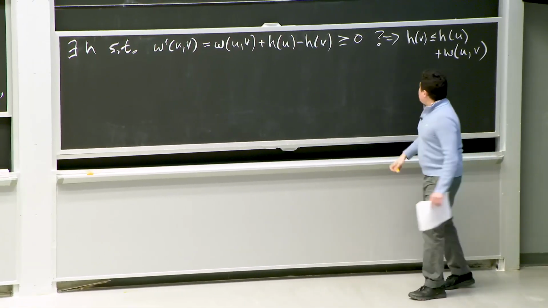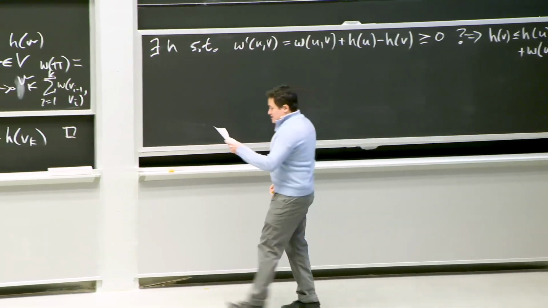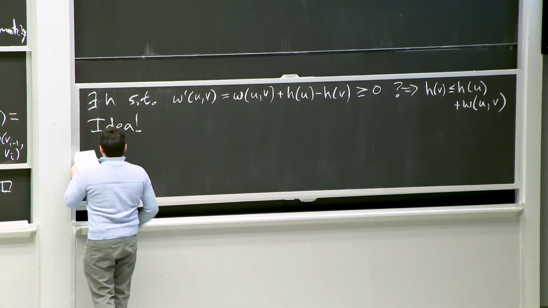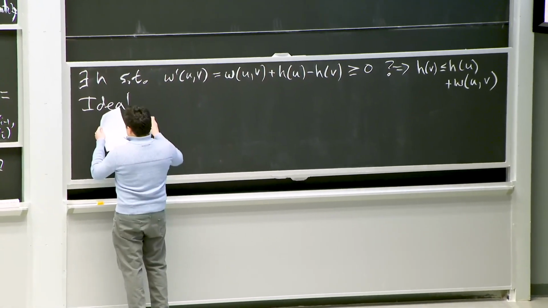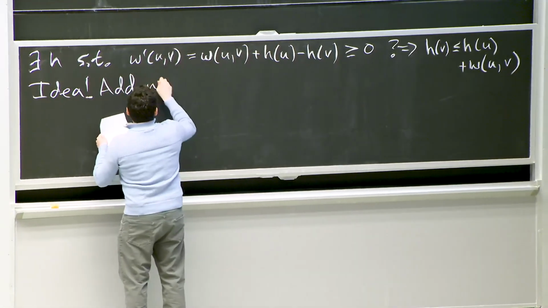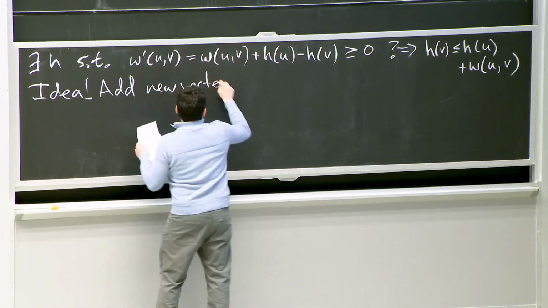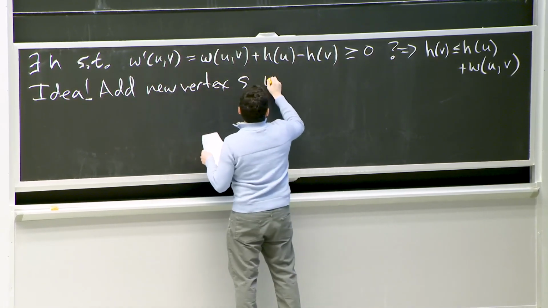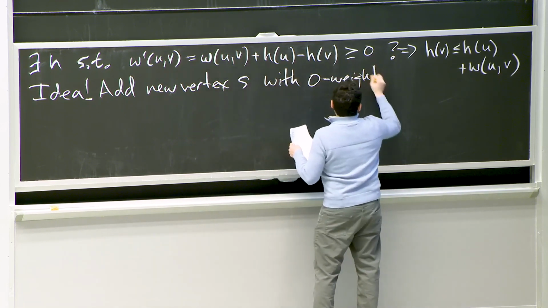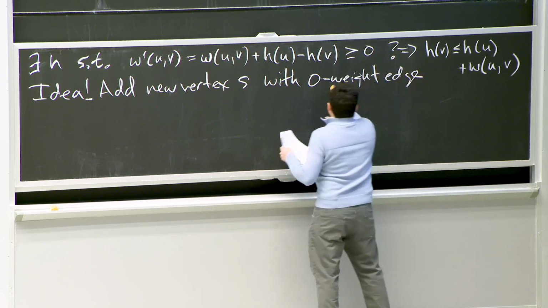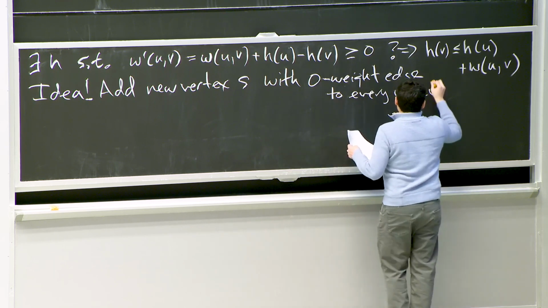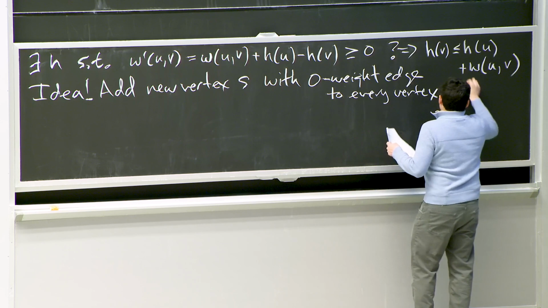So how can I make those things finite? So here's the next idea. Add a new vertex S with a zero weight edge to every vertex v in V, right?